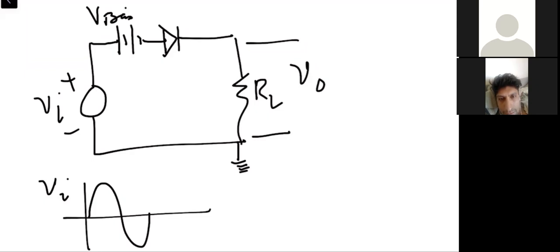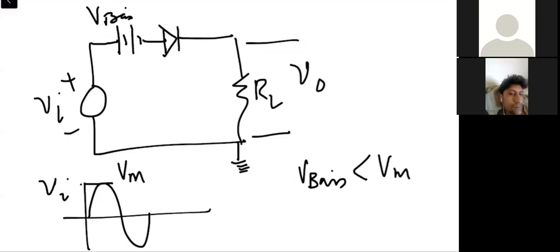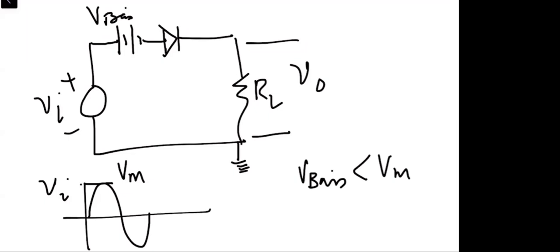Let's say V bias is less than the maximum value of VI, and we say the maximum value of VI is Vm, so V bias is less than Vm. What will be the output? Anyone?